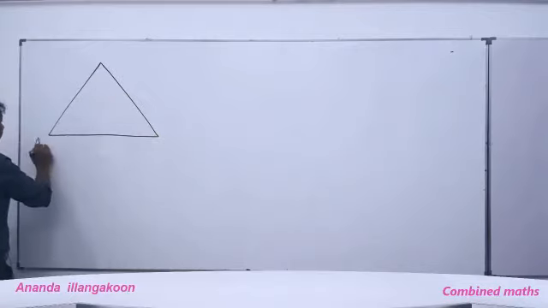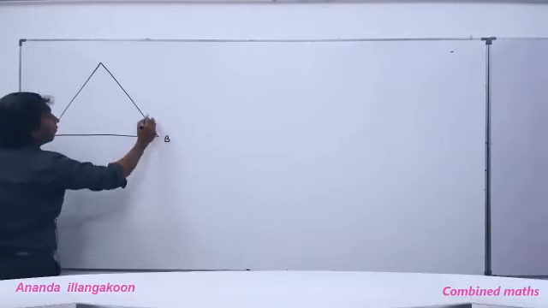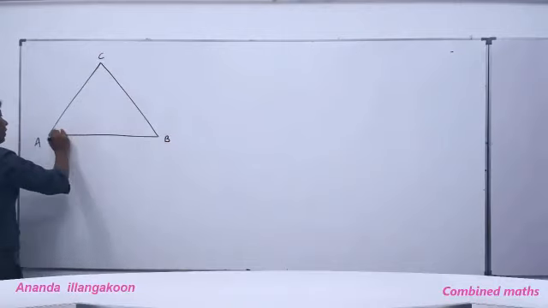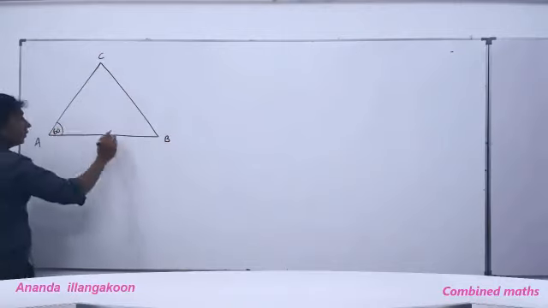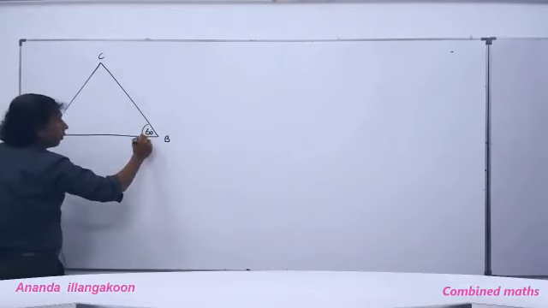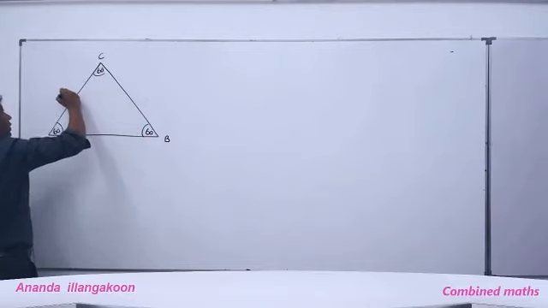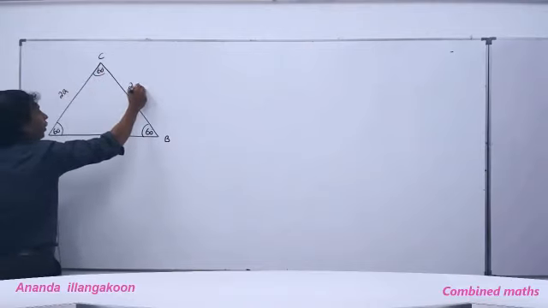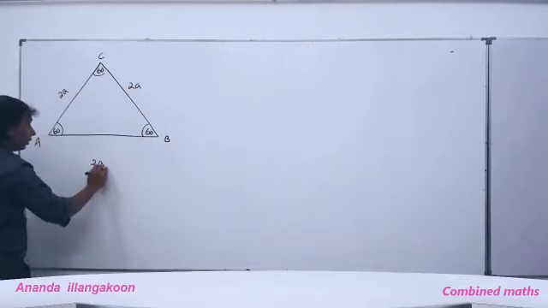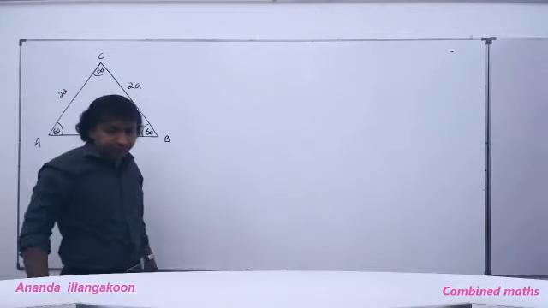Let this triangle be ABC. You know the interior angle is 60 degrees. I'm going to take the length of a side as 2A. I use 2A for my convenience of working out the next part.